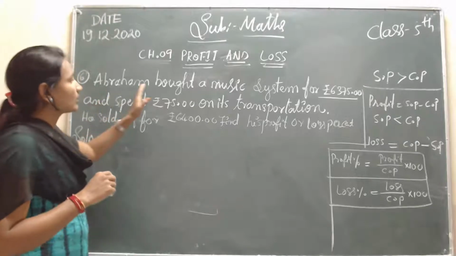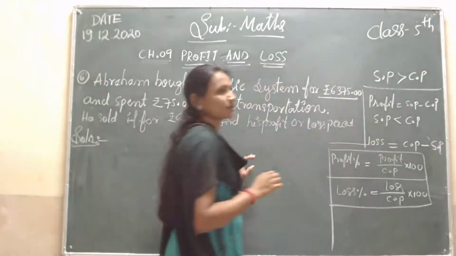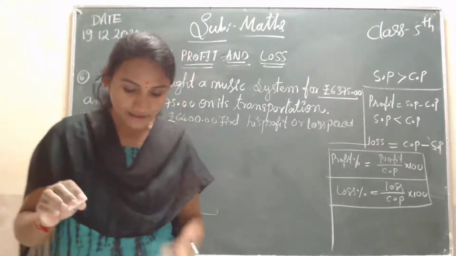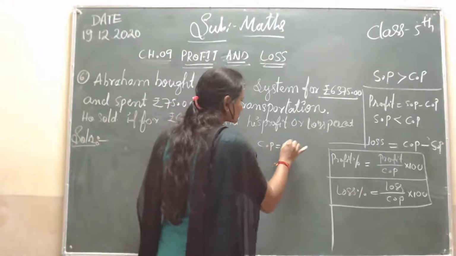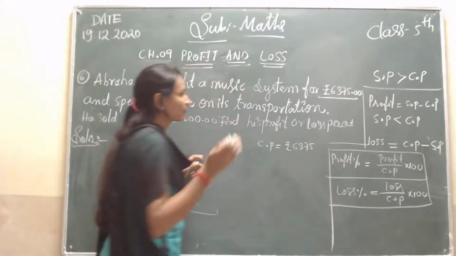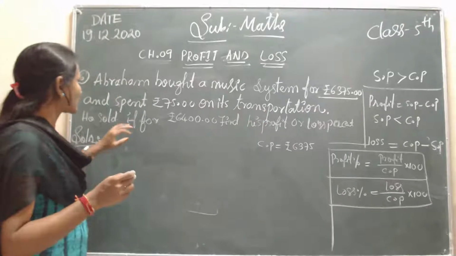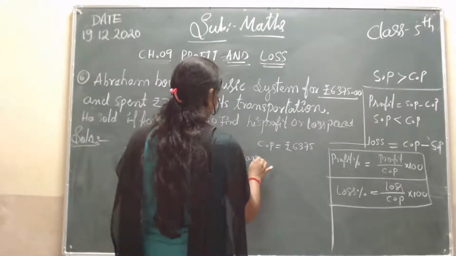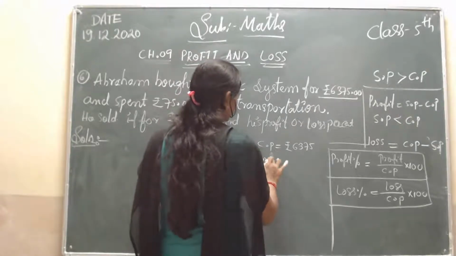Abraham brought the music system, yes, this is the cost price. So you have to consider that as the CP. How much? 6,375 rupees. Afterwards, can you see, students? Transportation is 75 rupees.